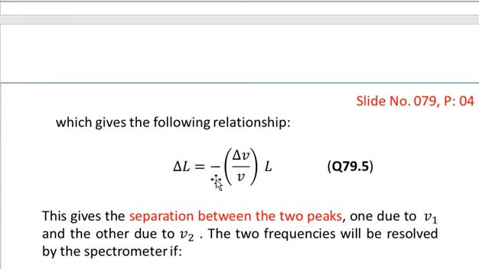Delta L is equal to minus delta nu over nu into capital L, where capital L is the separation between the two glass plates, and delta L is the change in separation. So a change in separation delta L is accompanied by a change in frequency delta nu divided by nu.